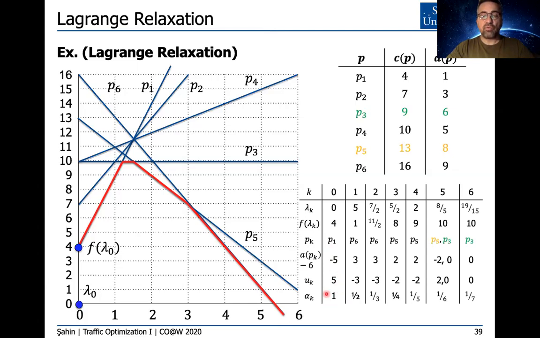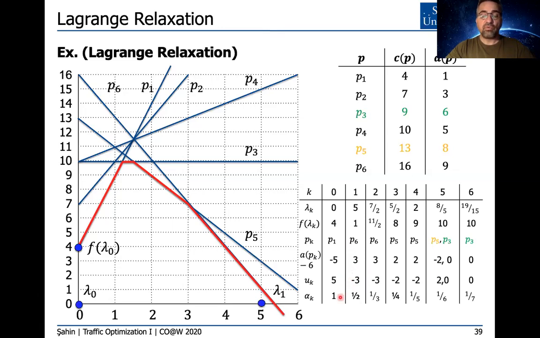With a step length of 1, we can calculate the new lambda value at iteration 1, lambda equal to 5. When lambda is equal to 5, the corresponding tight path is path 6, and the objective function value of the Lagrangian relaxation is equal to 1. For path 6, the slack is equal to 3, the subgradient is equal to -3.